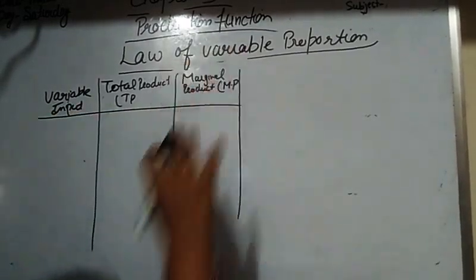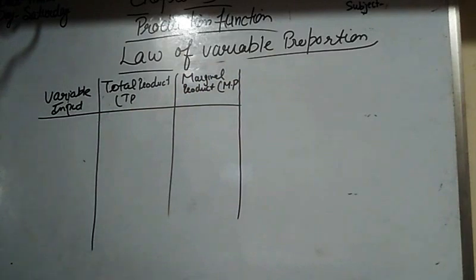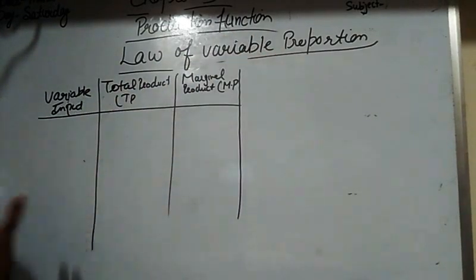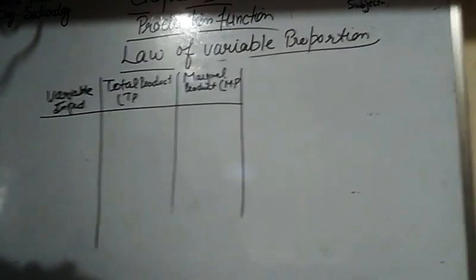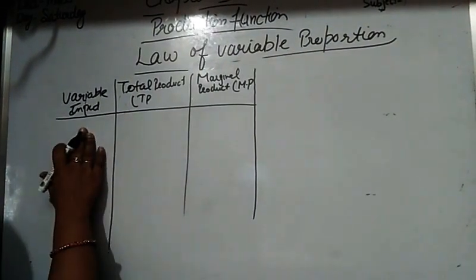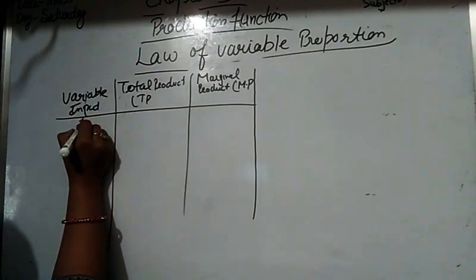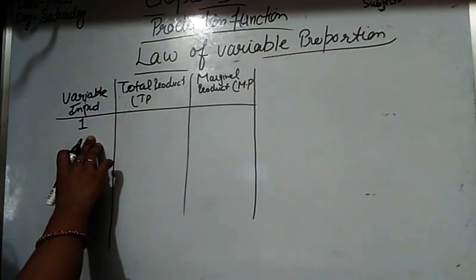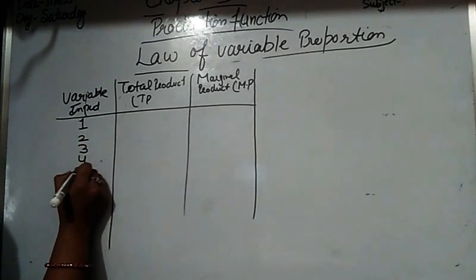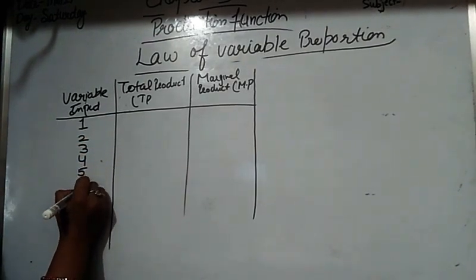In this definition of the variable proportion, we read that we increase the variable input. So the variable input is 1, 2, 3, 4, 5, 6.